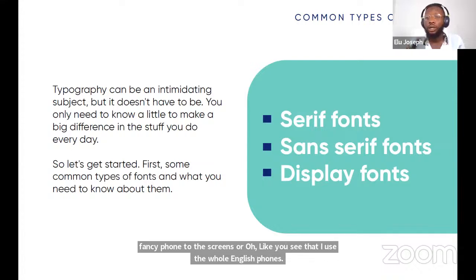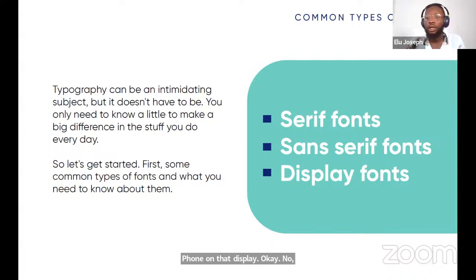Okay. Now I also said that it can be a bit intimidating because it's a lot to deal with, because there are some kind of languages we use in typography like leading, tracking, kerning, and hierarchy. But I also mentioned to you that most of the time, the fonts that you use for your design already come with a perfect setting for those things.